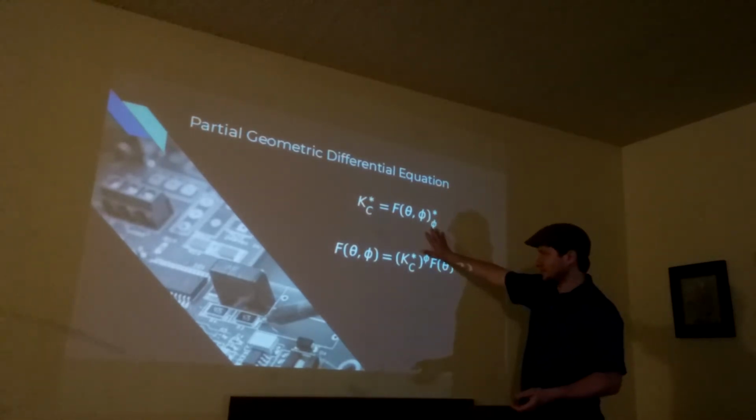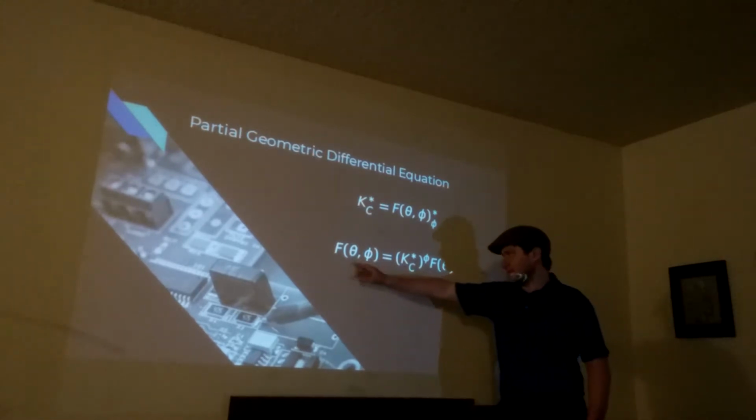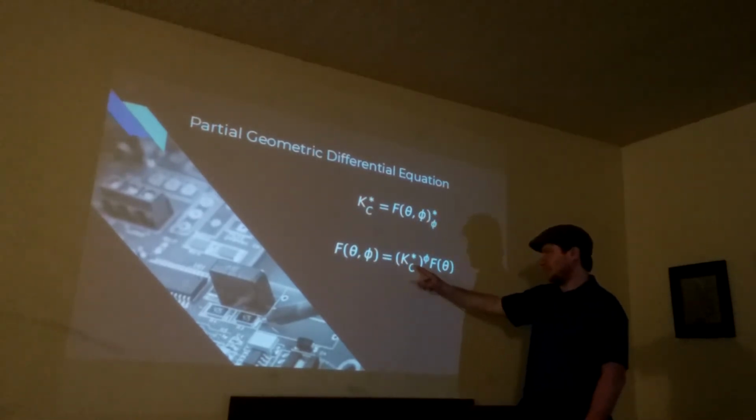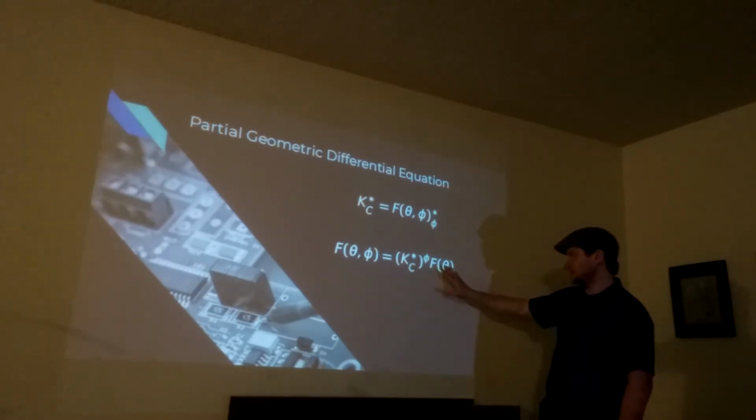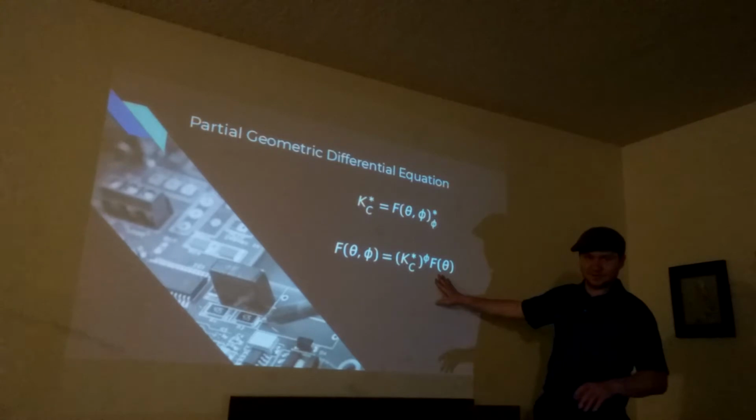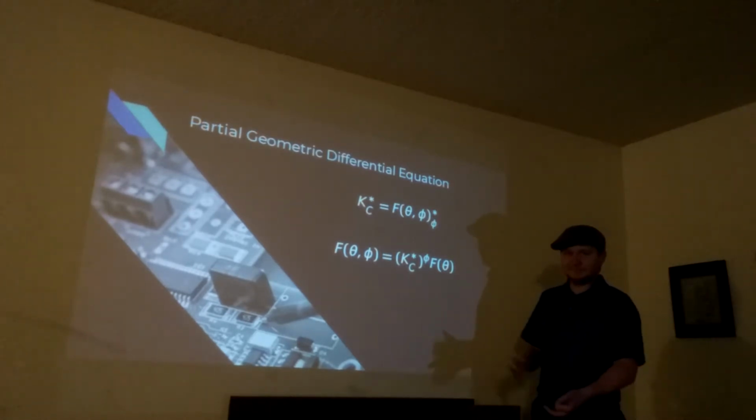Now, if you solve this, you get that your geometry is equal to our chosen scaling factor to the power of phi times f of theta. And the f of theta is what we have a choice for. It could be whatever we would like it to be.